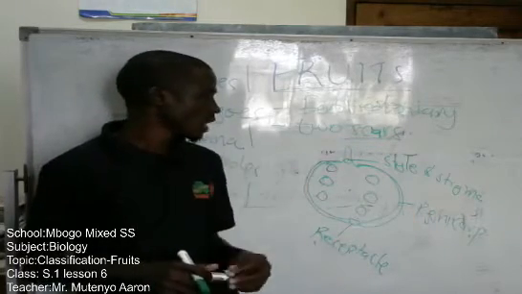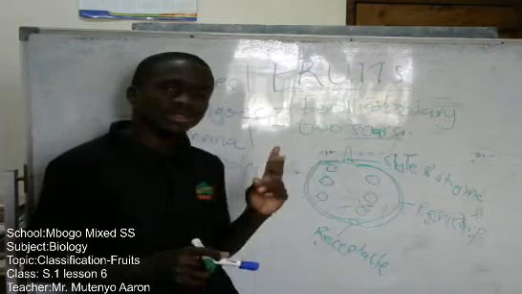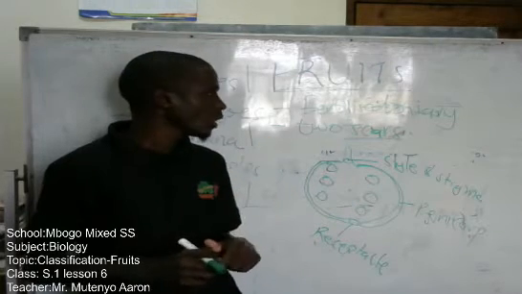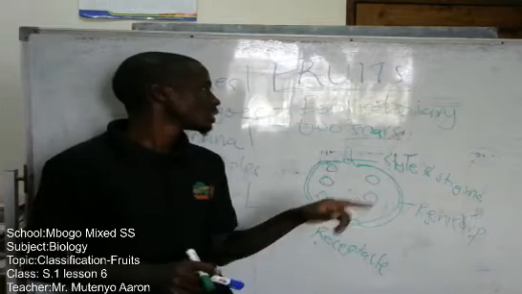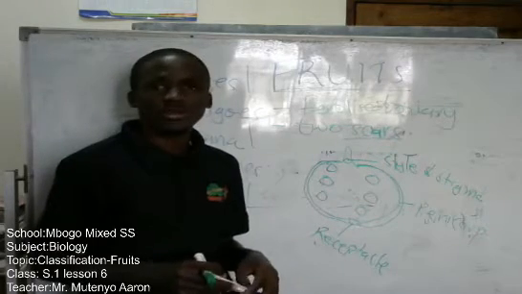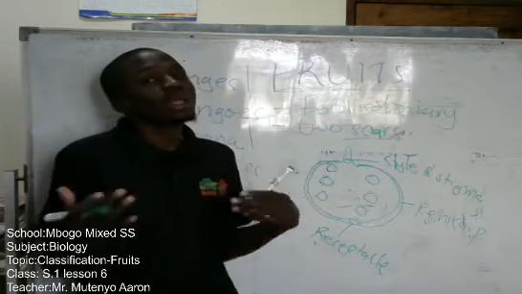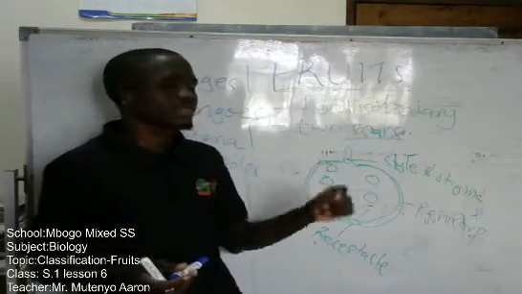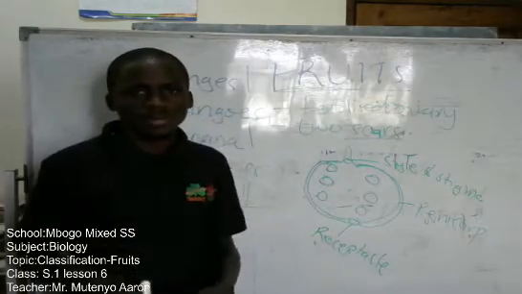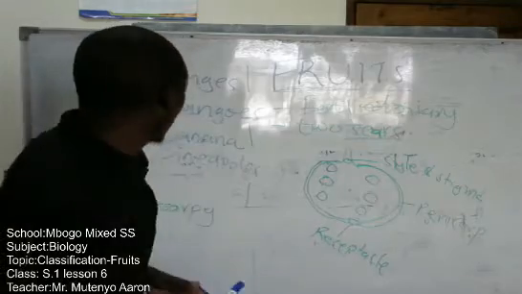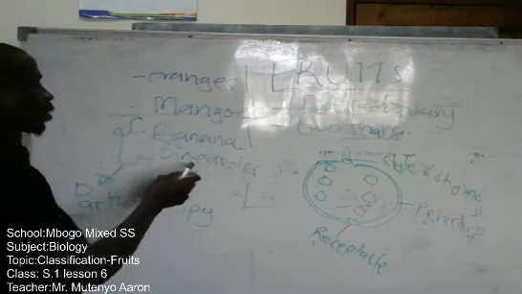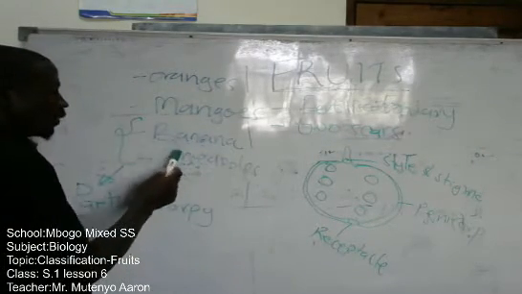Those are the major parts. It has 2 scars, okay? 2 scars, and I've told you it develops from what we call an ovary. So that's why we say normally it is a fertilized ovary. Okay? But don't forget, I have told you that there are some fruits which develop without fertilization.